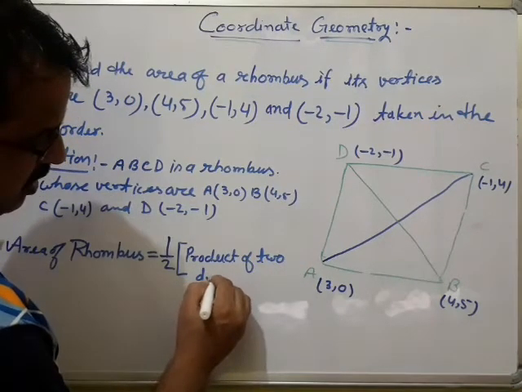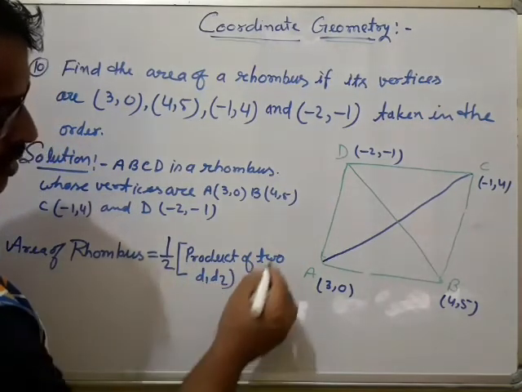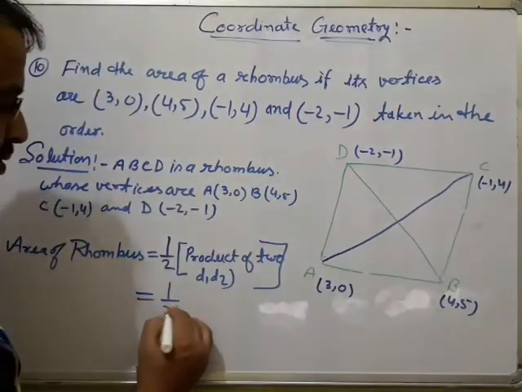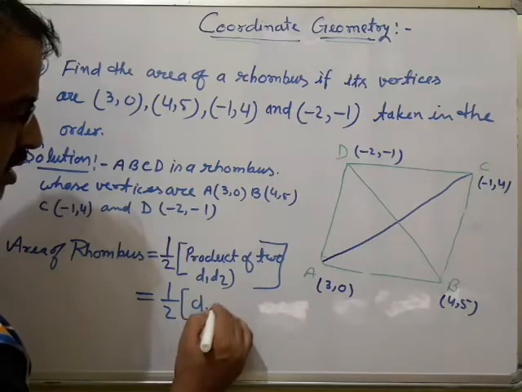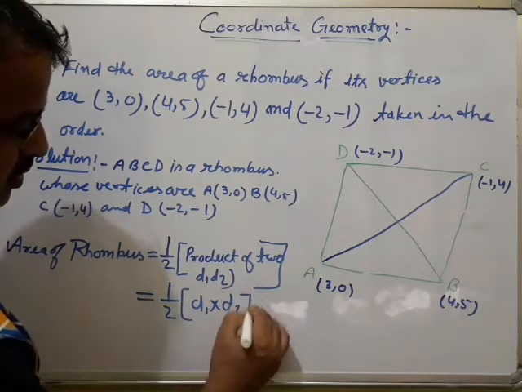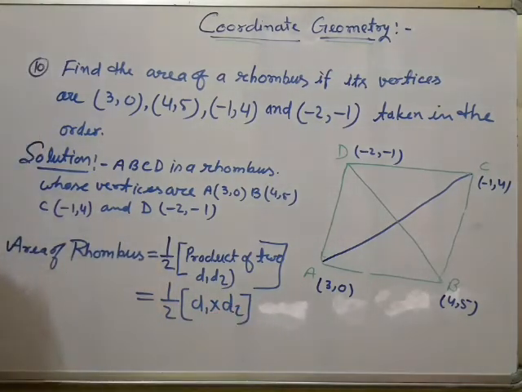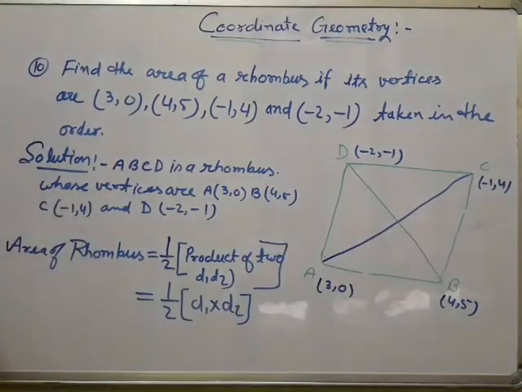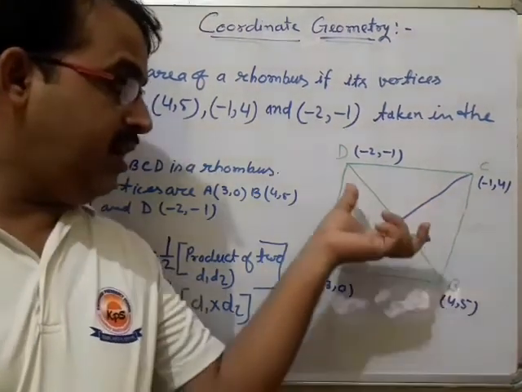Diagonal D1 is the first diagonal and diagonal D2 is the second. So first we find the diagonals AC and BD.